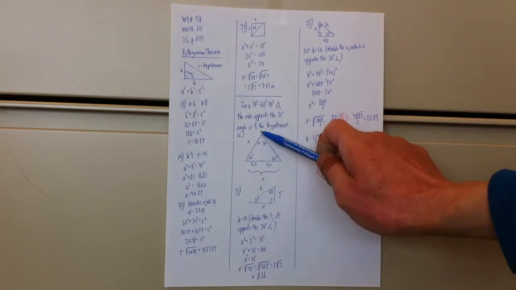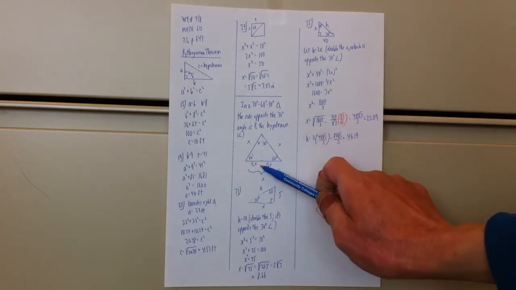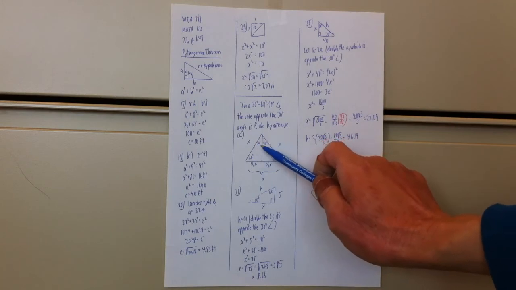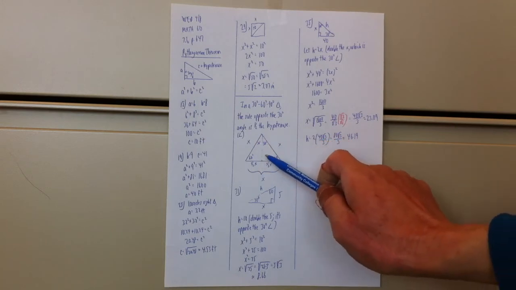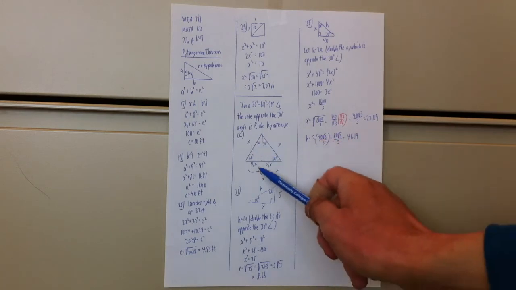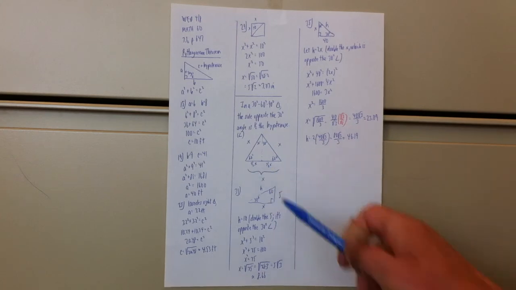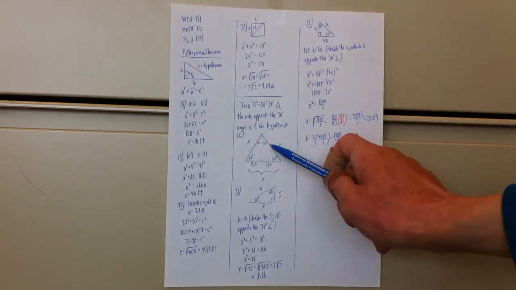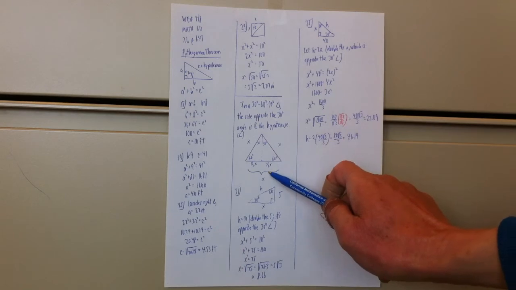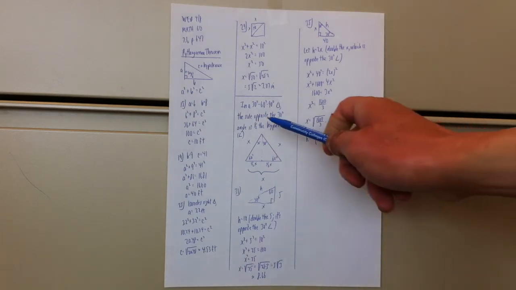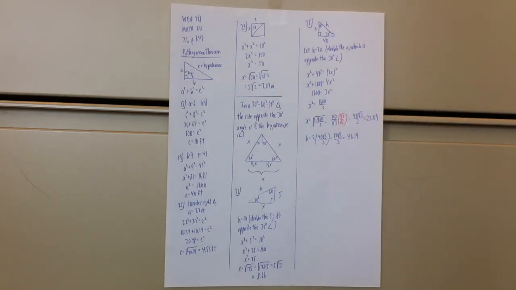If I cut this angle in half, come straight down, drop a perpendicular, that means each of these is 30. So I now have a 30, 60, 90 triangle, same thing over here. Then that cuts it in half, so this is half x, and this is half x. So now as you can see, the side that's opposite the 30-degree angle is now half the hypotenuse. So that's what we're saying over here. So we're going to use that in the last couple of problems here.